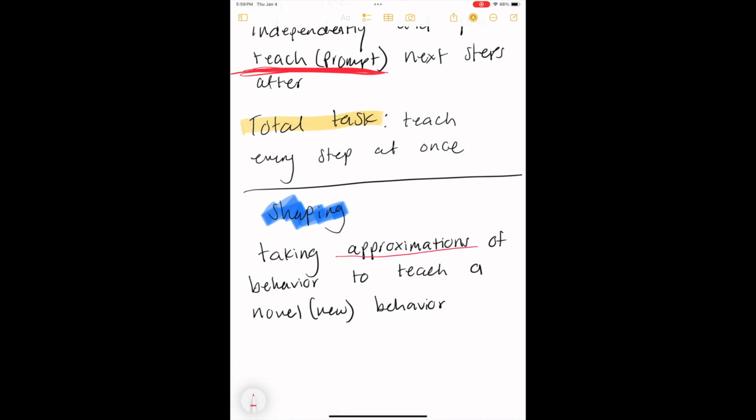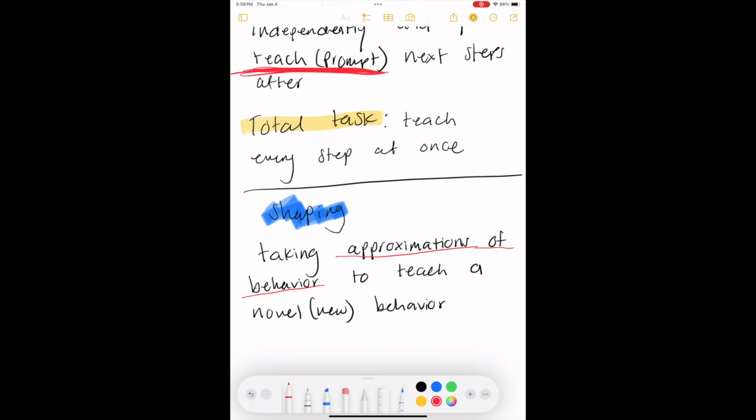Approximations. What do I mean by approximations of behavior? Because whoever's conducting the assessment is gonna ask, because you can define it for them, what is shaping, and you can memorize this and tell them, and they're gonna be like, okay, what is that? What's an approximation of a behavior, and they're gonna wanna know how you would implement that.